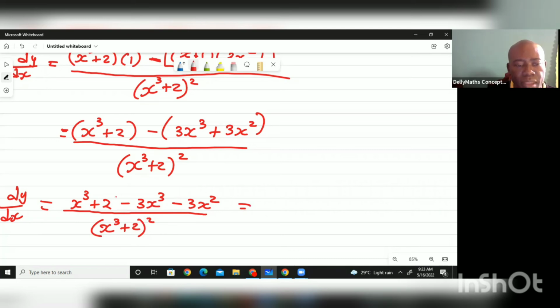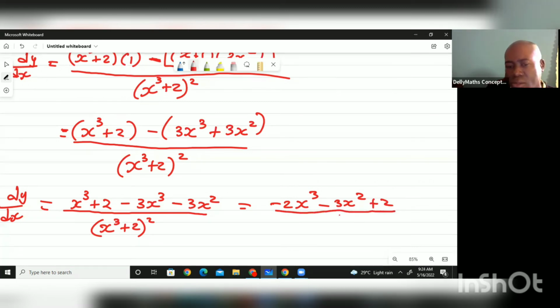Finally, I would have minus 2x cubed when I combine the x cubed and the minus 3x cubed. Then I'm going to write minus 3x squared, and a plus 2 at the back. I'm just keeping it in descending order.